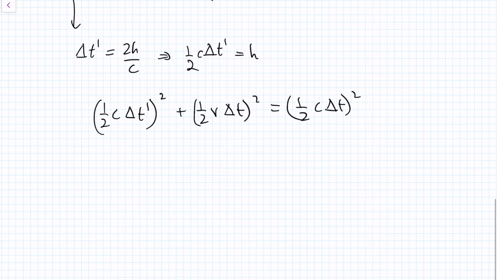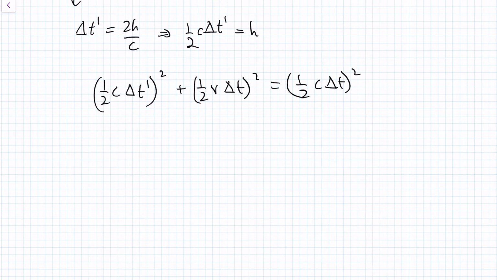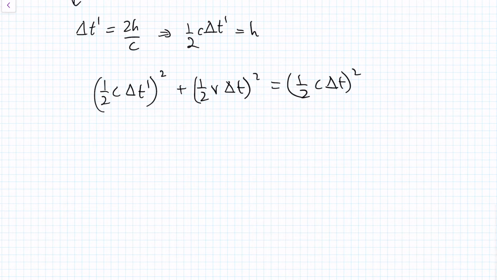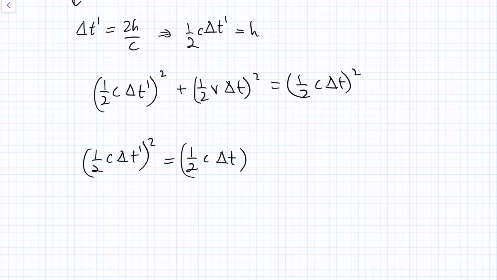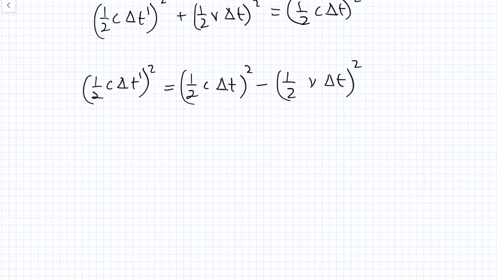Now let's make Δt the subject. So we have (1/2 c Δt') squared is equal to (1/2 c Δt) squared minus (1/2 v Δt) squared. Okay, so let's do some cancellations. The half will go because we're squaring at every point.